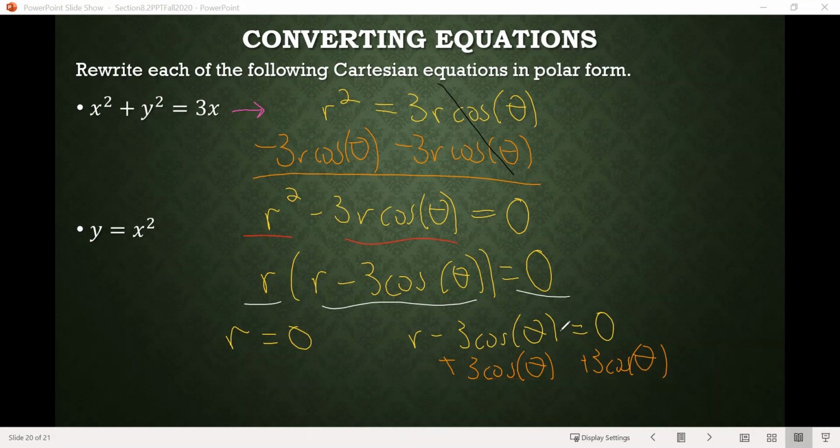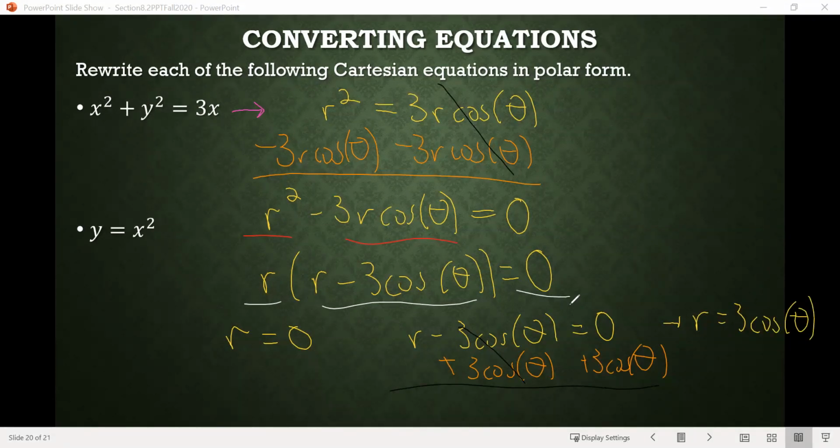And when we do that, we end up with, these cancel, and on that right-hand side there, we'll have r equals 3 cosine theta.